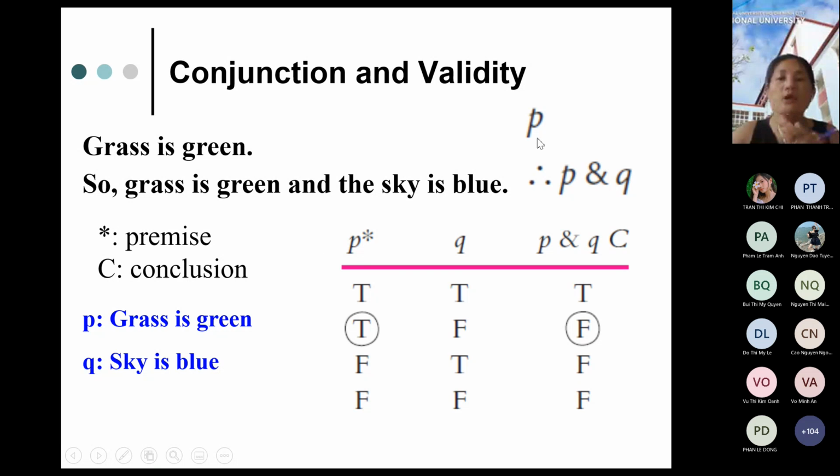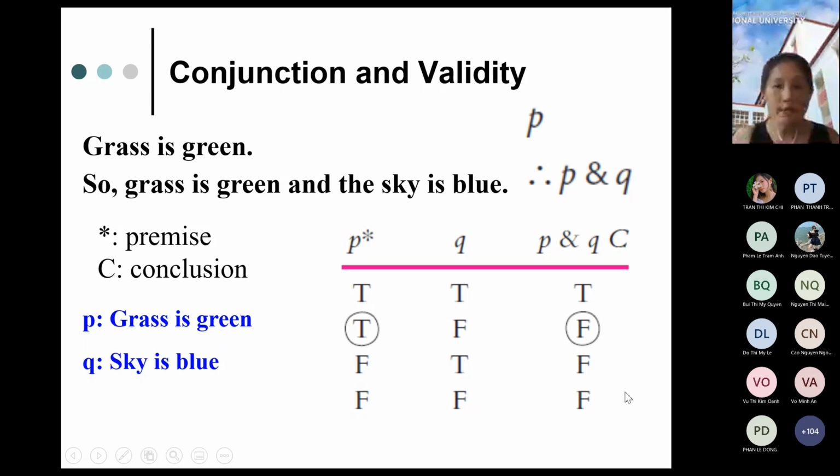This is how you fill in the two columns of the variables. Because the conclusion is a conjunction, please apply the conjunction rule in filling the column here. And if you are not lazy, you copy the column P to be next to the conclusion column.